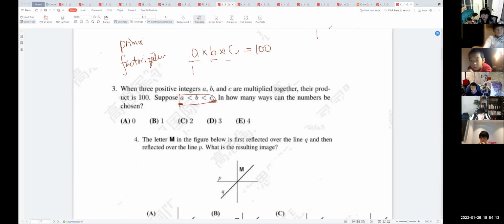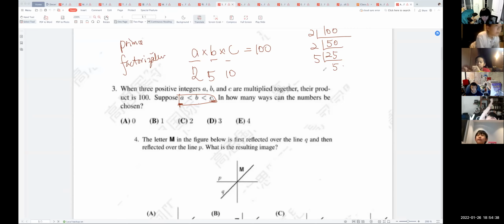Very good. So if we start with 100 divided by 2, 50, 2, 25, 5, 5. Okay, so we could do 2, 5, and 10, correct? Right, so this is the first one.